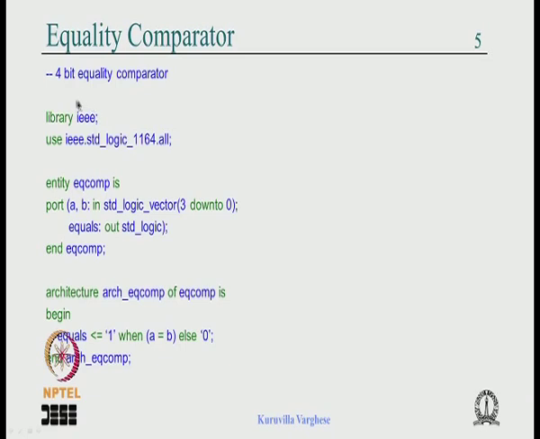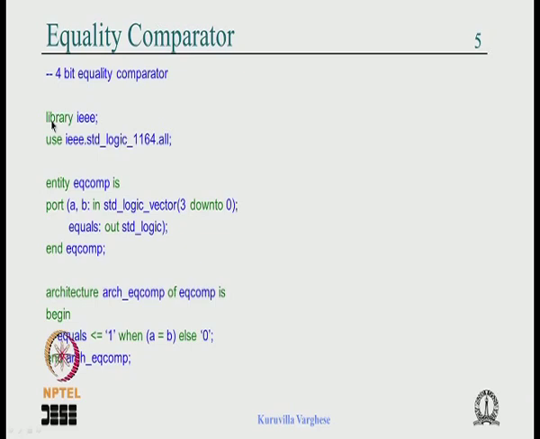The next thing is interesting. I have shown the code in 2 colors, green and blue. Whatever is written in green is a VHDL keyword and the rest is what we are writing. Like library is a keyword of VHDL, use is a keyword of VHDL, and so on. Here we are saying we are going to use library IEEE, the IEEE standard libraries.